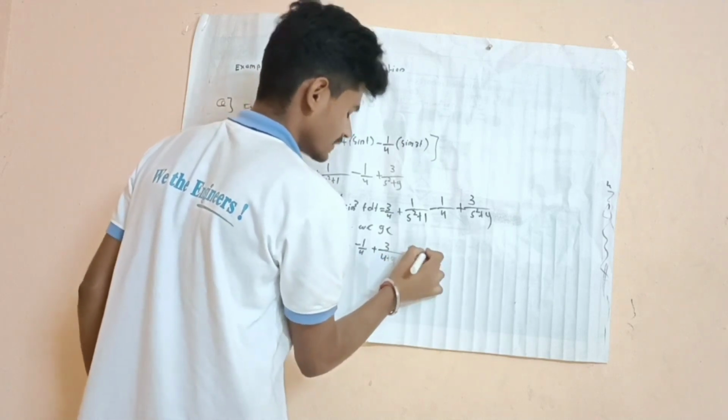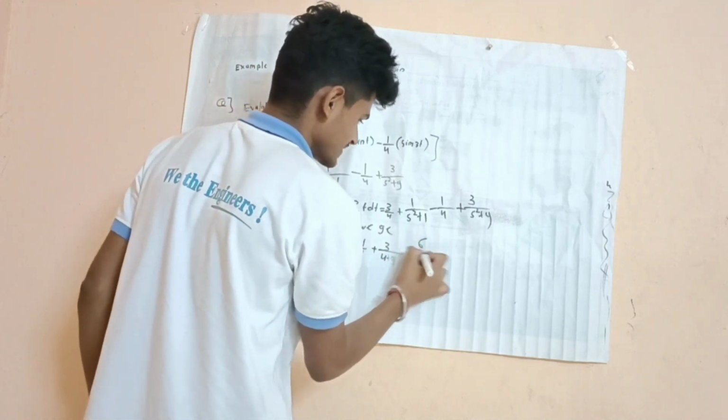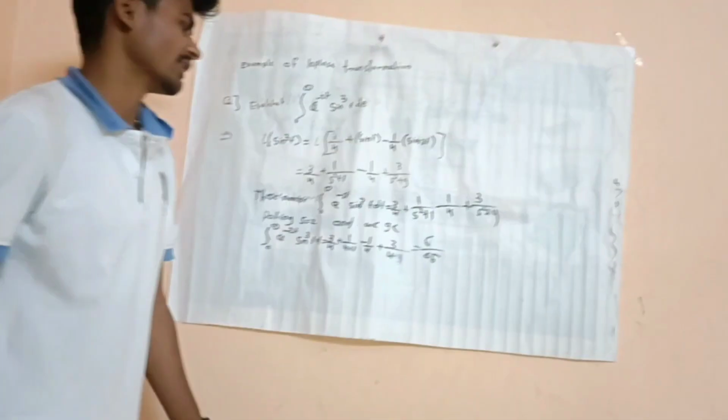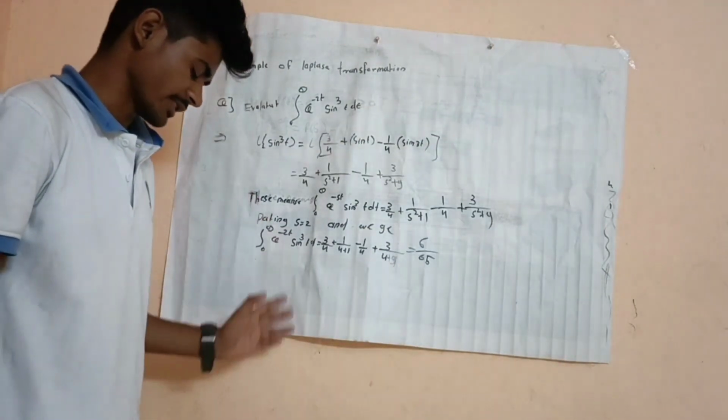So we get our answer 6 by 65. So that is the answer of this example.